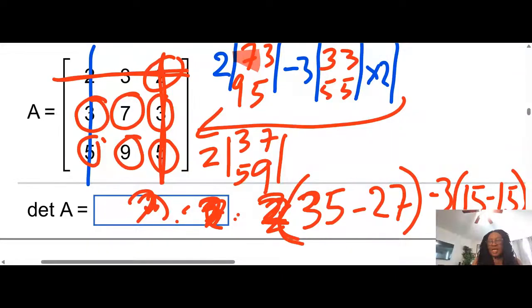So we have 2 multiplied by 27 minus 35. Okay, so let's collect like terms and find the value of the 3 by 3 matrix.